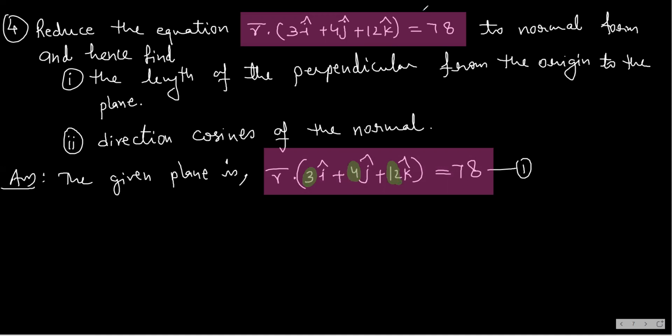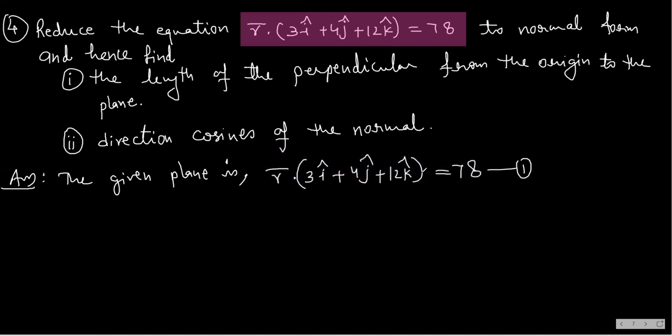I will change these DRs to DCs. And the moment I do this, the vector which I get will become a unit normal vector. So I will have to change 3, 4, and 12 to DCs. And for that, the method is known to you.